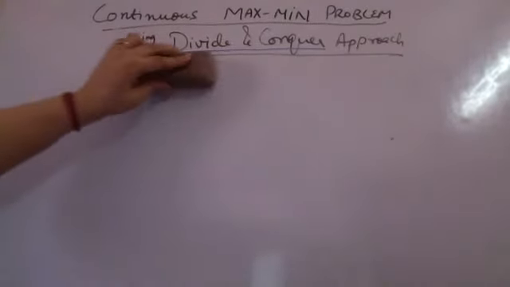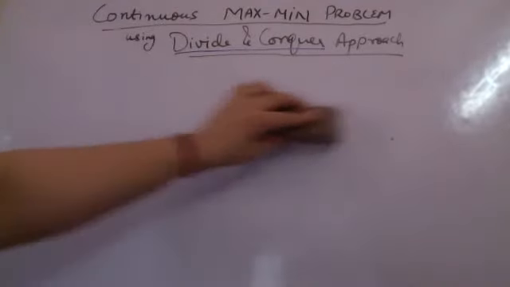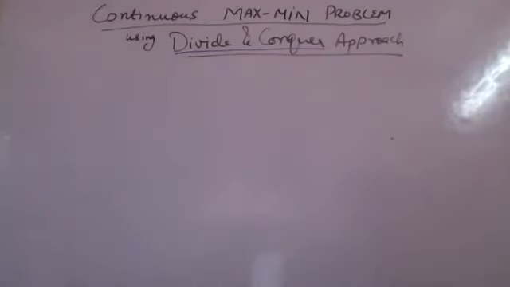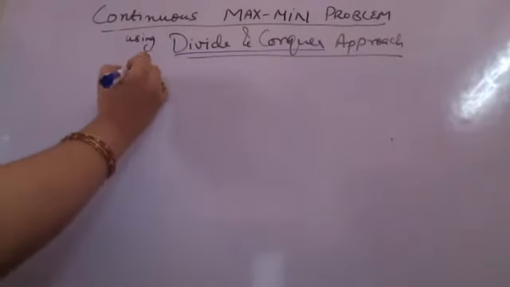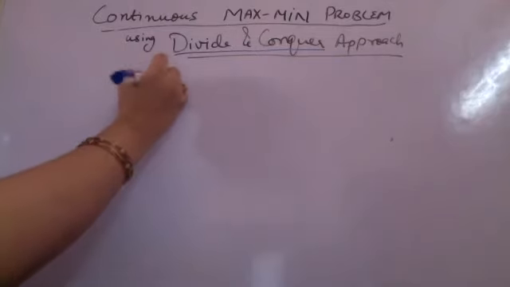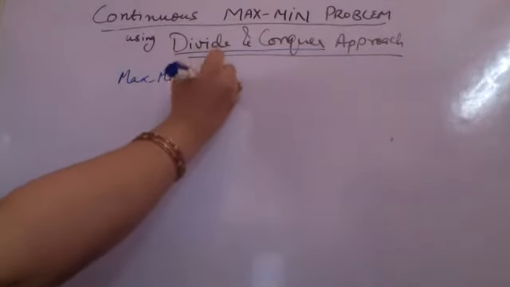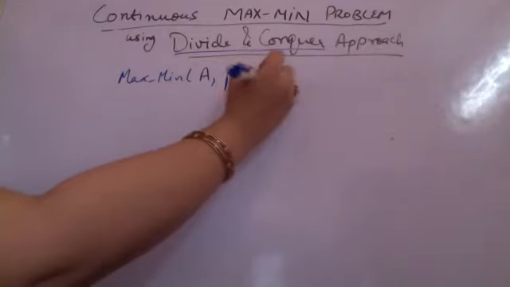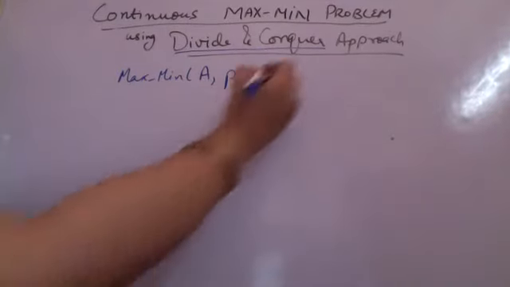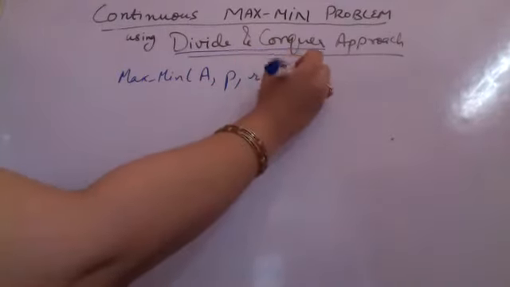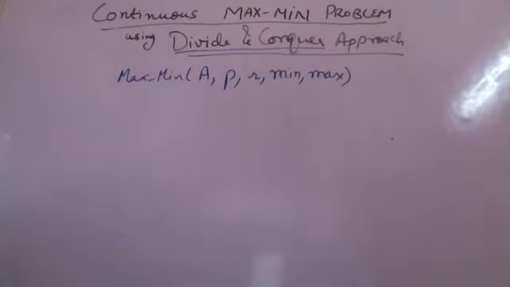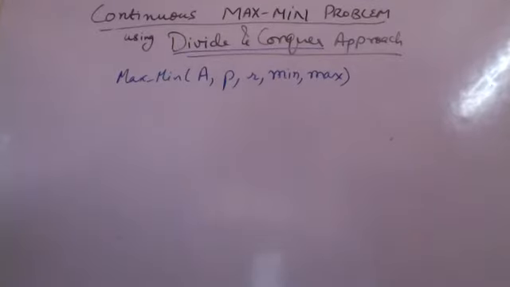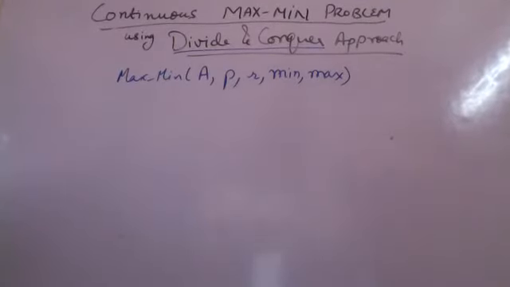I will be dividing the list, recursively calling the procedure, and finding the minimum and maximum simultaneously. So I am calling max-min on a list A running from P till R, and I want the minimum and maximum, which will be returned back. Initially there is no minimum and maximum value; we will be calculating it.